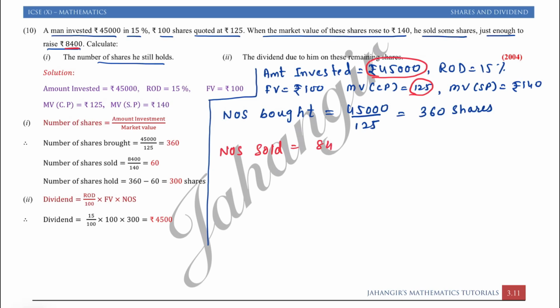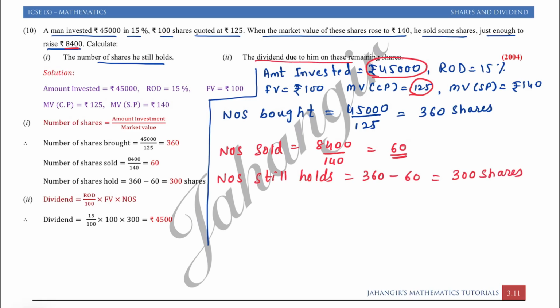So we will take 8,400 divided by 140. If you calculate, he sold 60 shares. So out of 360, he sold 60 shares. So the number of shares he still holds is 360 minus 60. 300 shares he is holding.